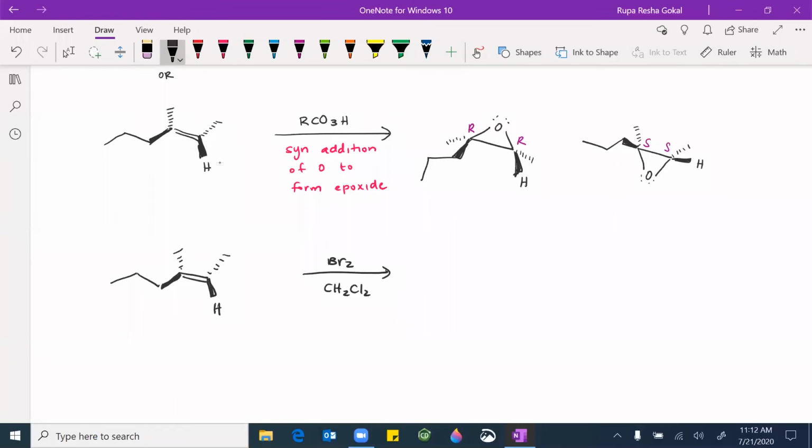So I'm going to introduce my Br in an anti fashion. There's a Br, and there's a Br: the Br on the bottom on the leftmost carbon, and the Br at the top on the rightmost carbon.